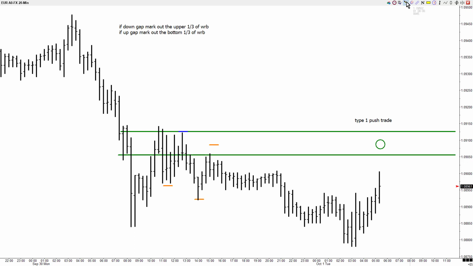We could relate it to swings if we want. So for instance, if swings were rolling about this big and I sold it here, I'm pushing it. I call it a push trade because it's like trying to follow this momentum, saying it's going to keep doing what it's doing.